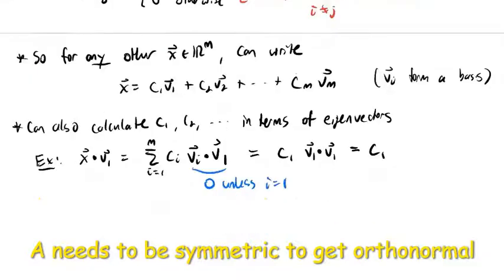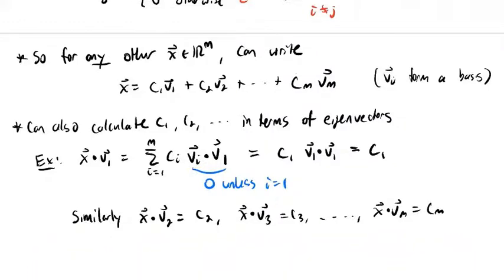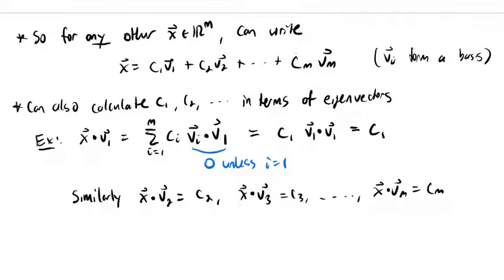Similarly, the dot product of x with v2 gives c2, with v3 gives c3, and so on, until the dot product of x with vm gives the coefficient cm. So you can recover all these coefficients by taking the dot product of your vector with the respective eigenvector for the matrix.